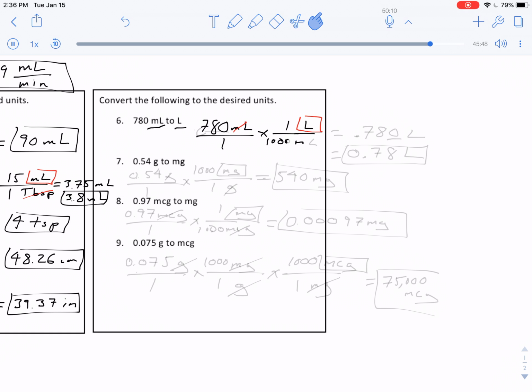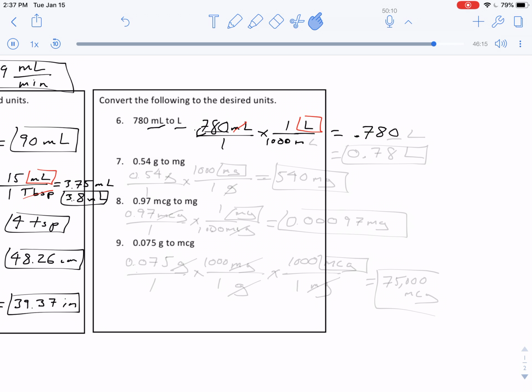So I'm dividing by 1,000. There are 3 zeros here, which means I'm going to move this decimal, which is technically right here, over 3 times. 1, 2, 3. So I'm going to move it in front. So I got 780, and I should put the decimal right here.